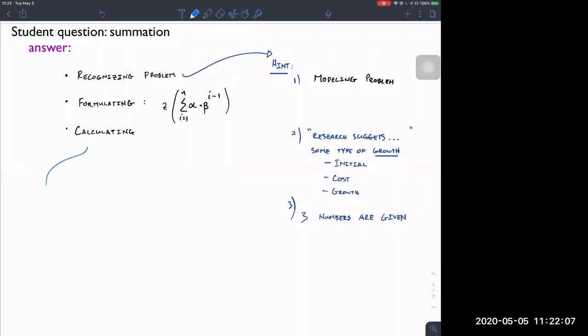Calculating, you could either do an actual summation, or you can do a single day. Right?